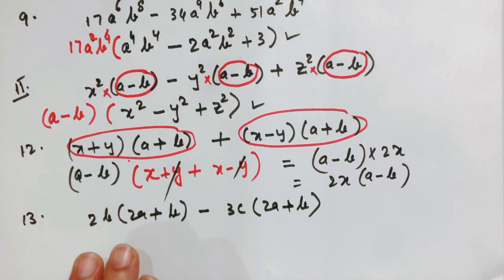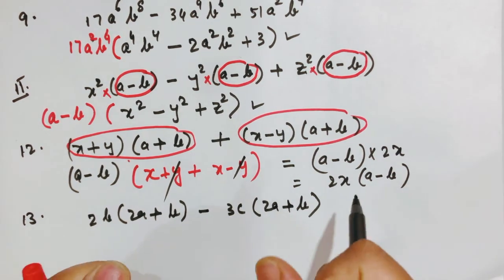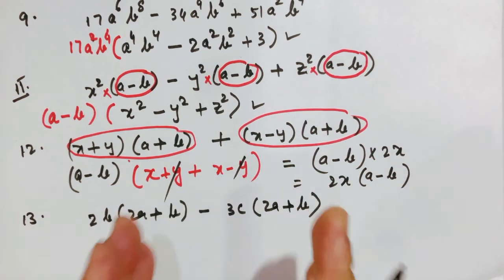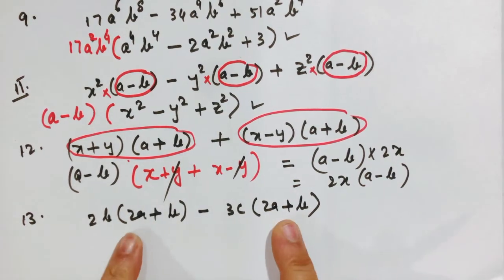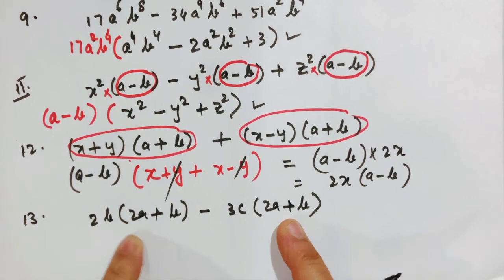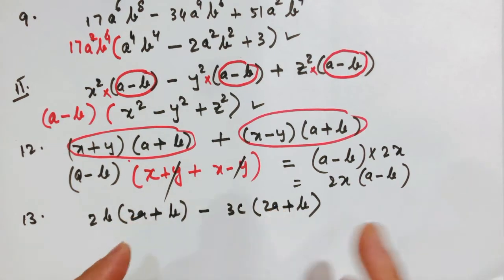So finding the factor by extracting the common. Have you seen extracting juice from sugar cane? The same thing is over here. Whatever you can see is common in both of them, you take it out. But do not act foolish, please.